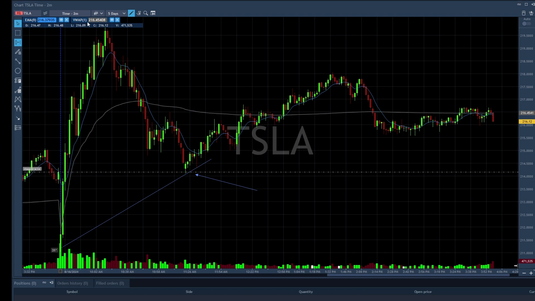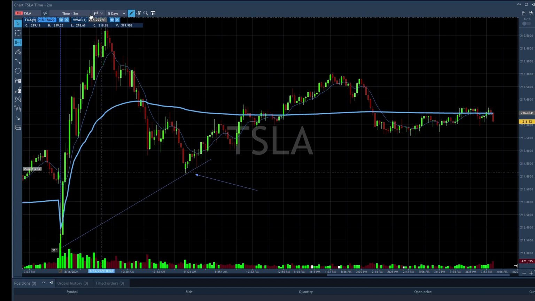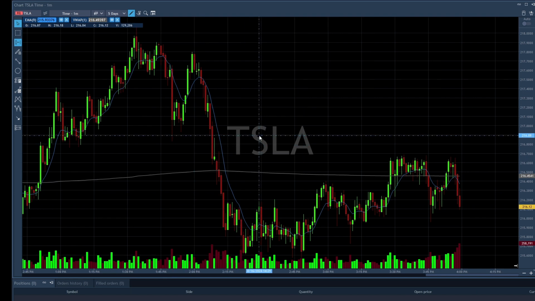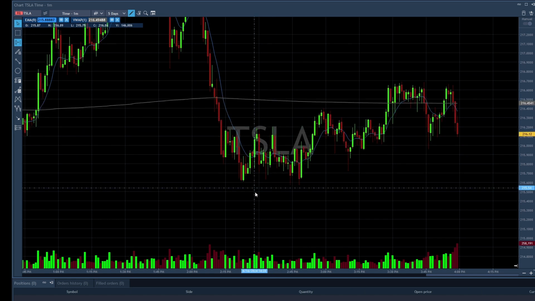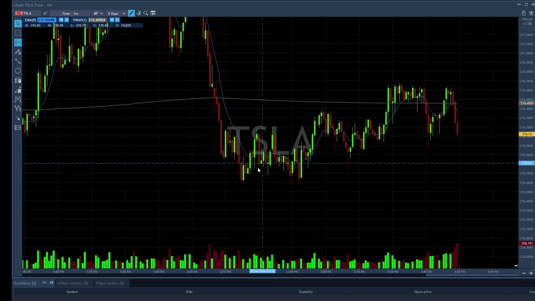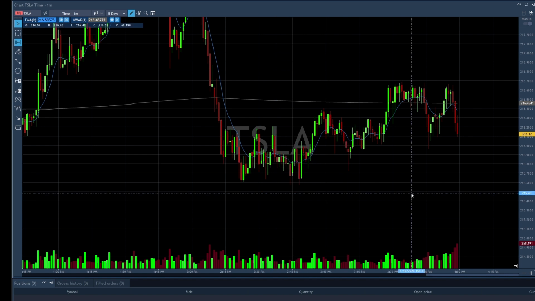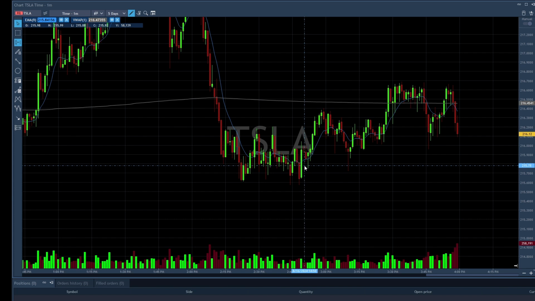So I even zoom in order to catch it and start building the position, and that's what we did exactly. I'm zooming even to 1 minute at this area, and around this level I'm starting to buy.